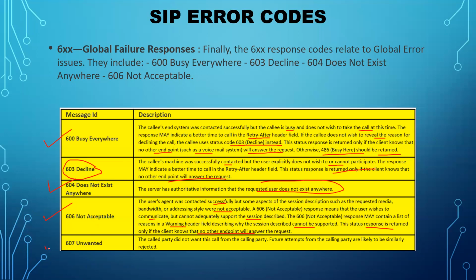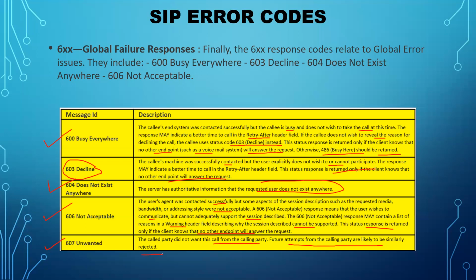607, sorry, unwanted. That means the called party did not want this call from the calling party. Future attempts from the calling party are likely to be similarly rejected. It's like blocking a particular caller on your cell phone.